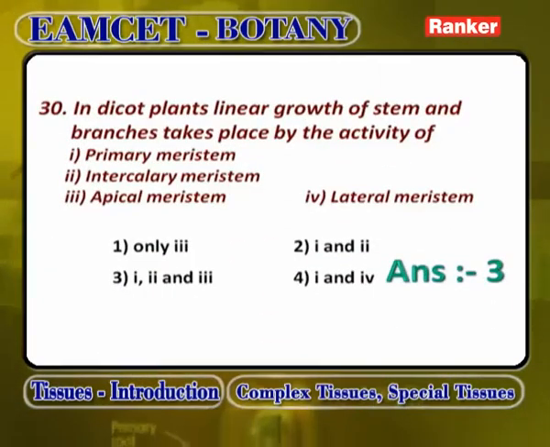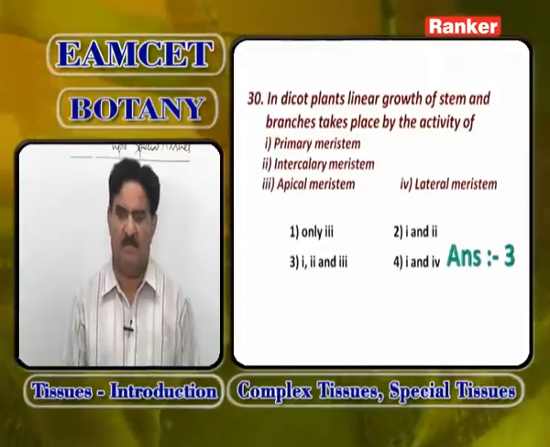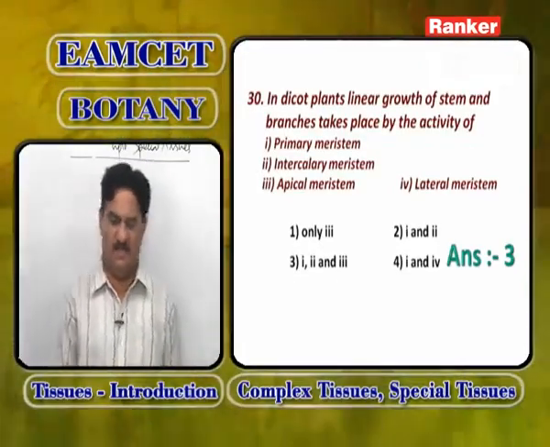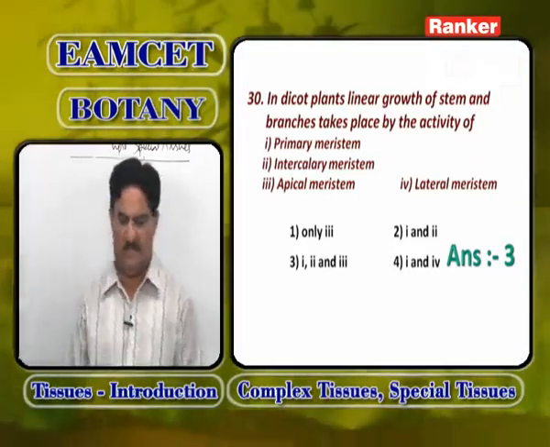In a dicot plant, linear growth of stem and branches takes place by the activity of. Linear growth of plant body is done by apical meristem. Linear growth of stem and leaves is done by intercalary meristem.